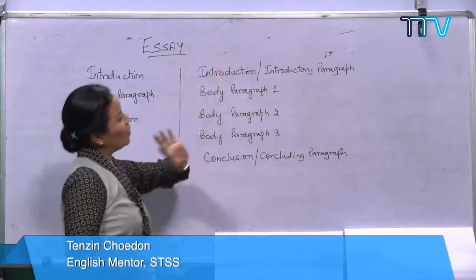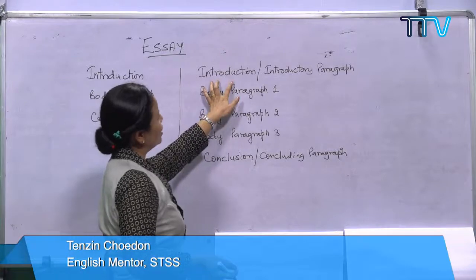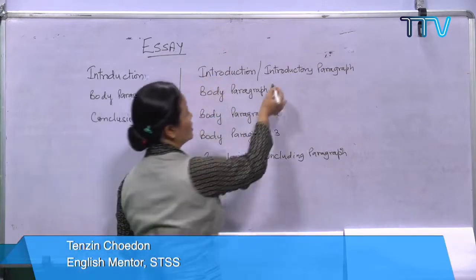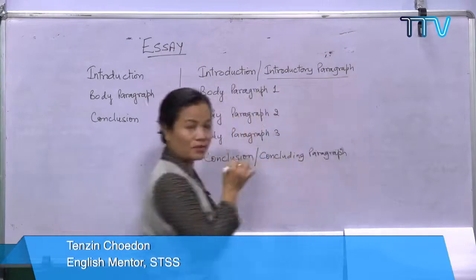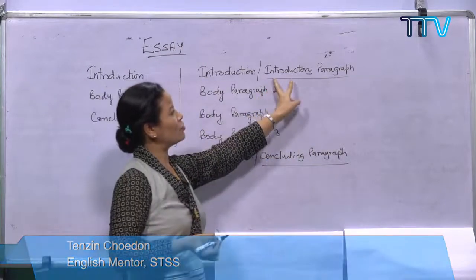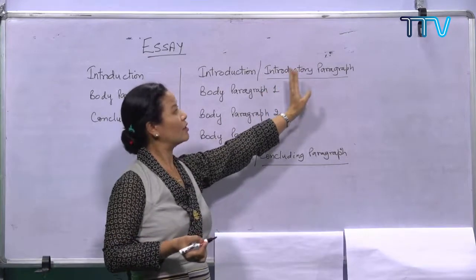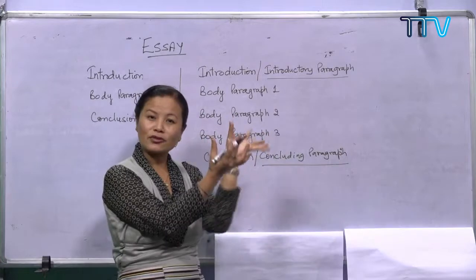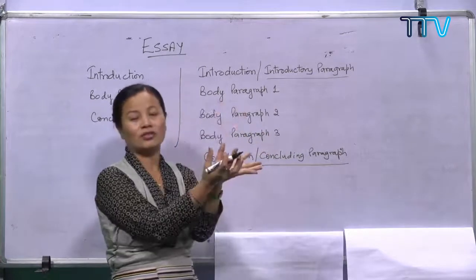But introduction is just a word, a noun. And here it's a phrase: introductory paragraph, concluding paragraph. Introductory suggests the nature of the paragraph, a paragraph that is used for the introduction part.